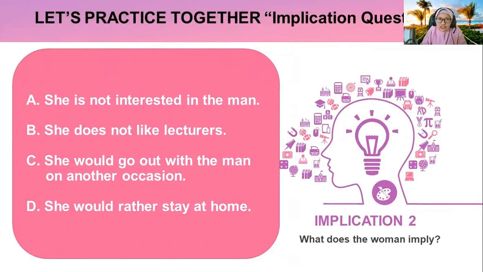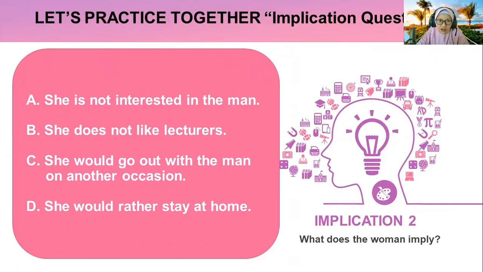Okay, next to the second implication question example. Take a look again at the choices and then you will listen. The speaker will ask you like this. Listen and take a look at the idea of each choice. Remember, A, she is not interested in the man.